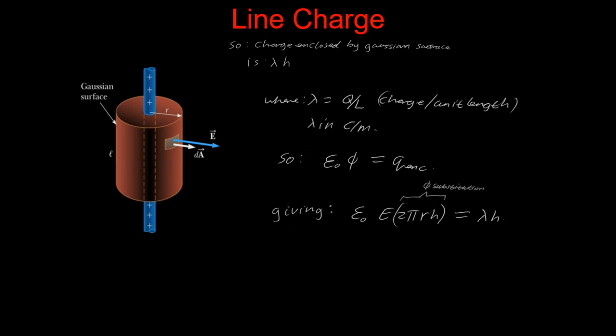So epsilon 0 E times 2 pi r h is equal to lambda h. Rearranging, we can say that the electric field is the line charge, lambda, which is essentially in coulombs per meter, over 2 pi r epsilon 0, for any line of charge in a case like this.